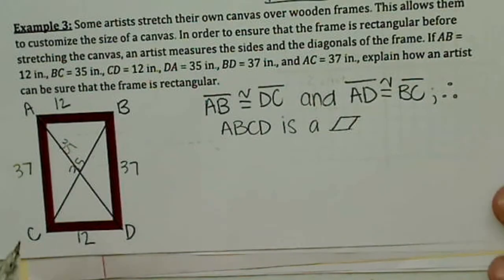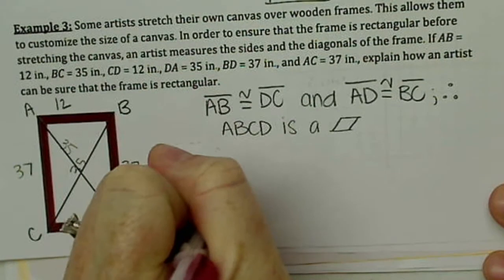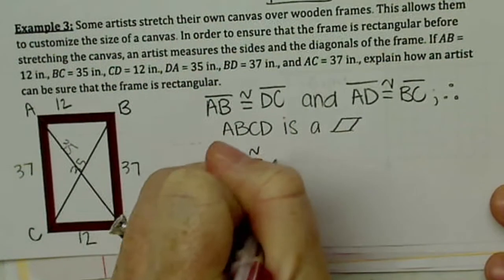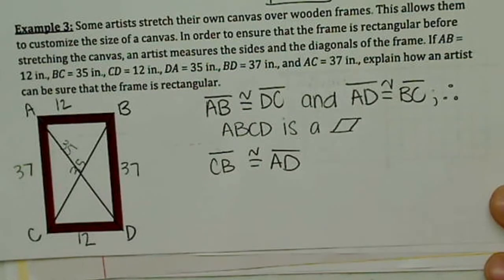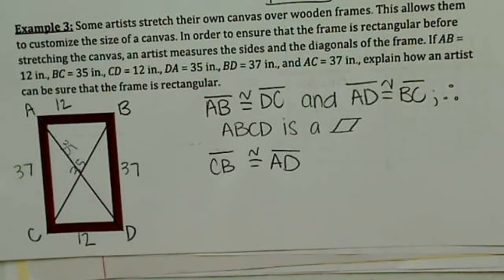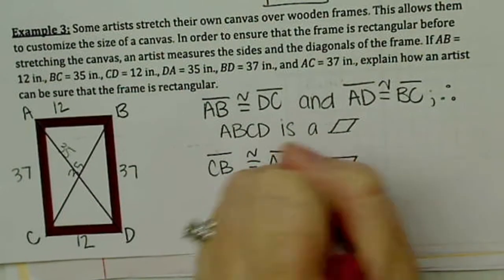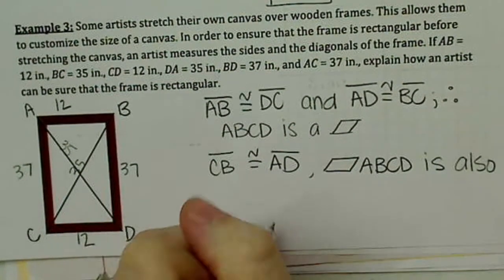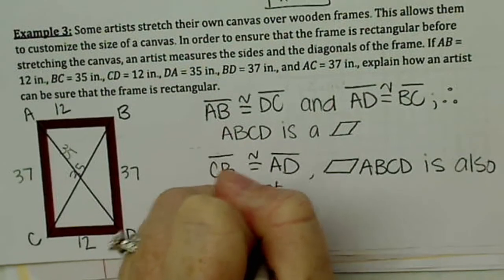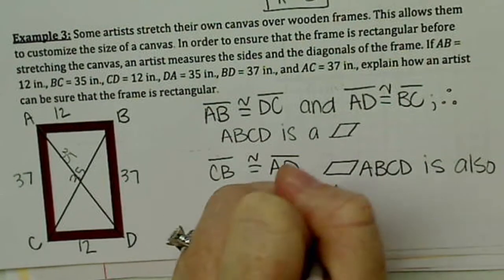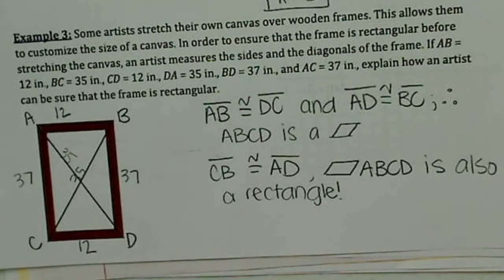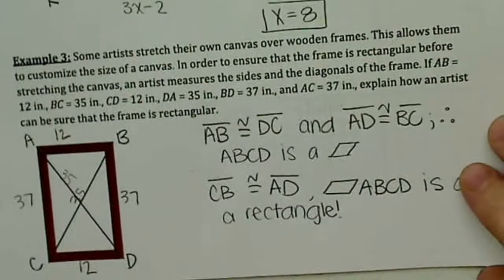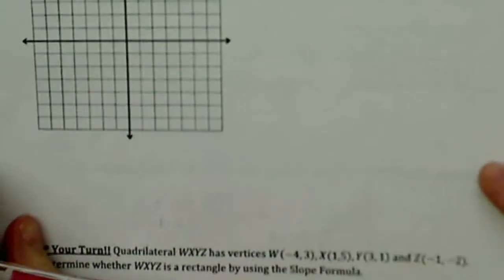So, since CB is congruent to AD, that means that my parallelogram is also a rectangle. Okay, that's all we needed for that one. Turn the page and go ahead and start graphing number 4.